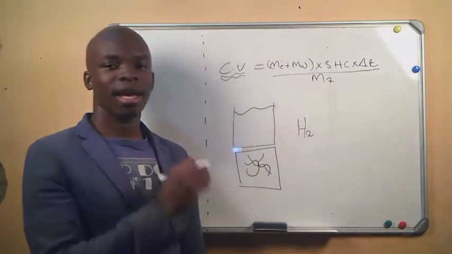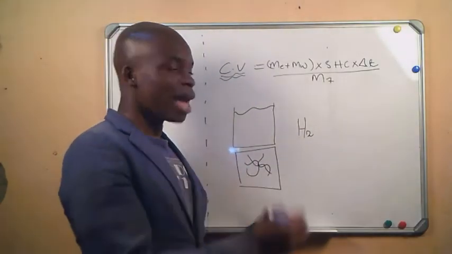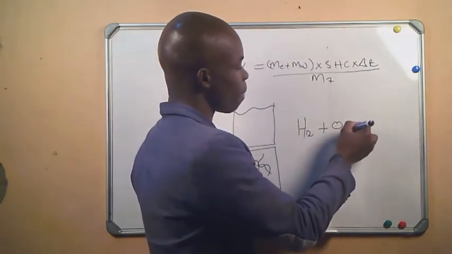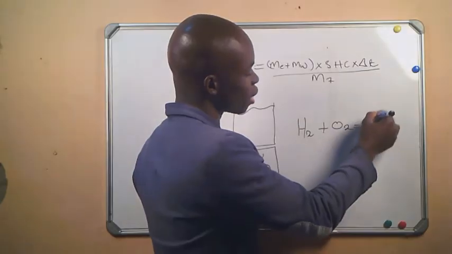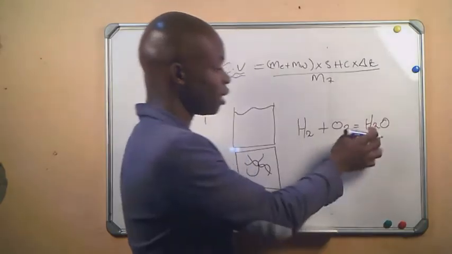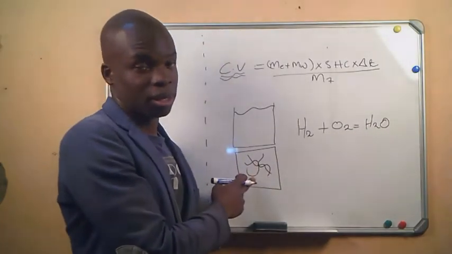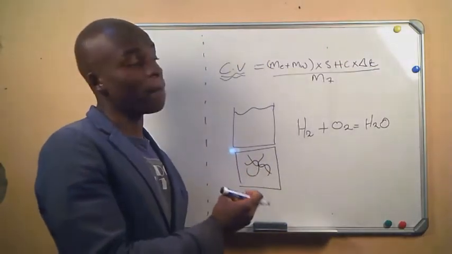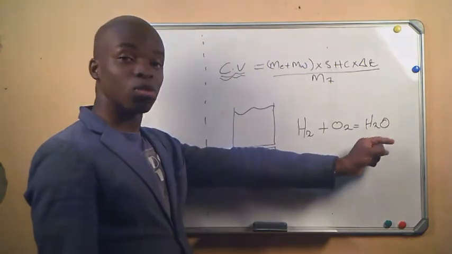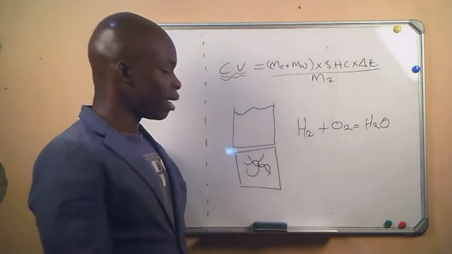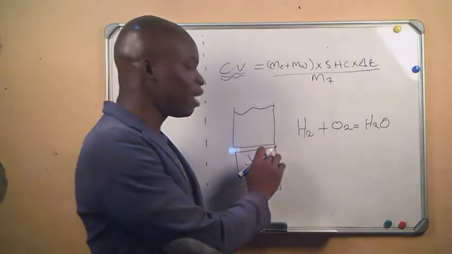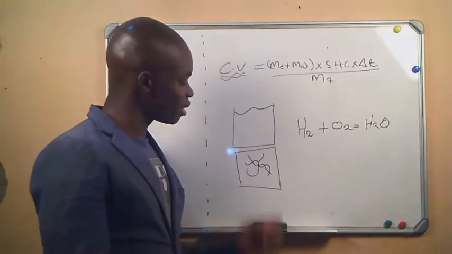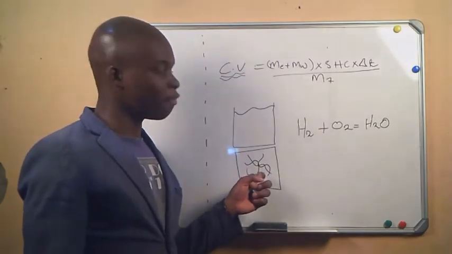Every time hydrogen undergoes combustion, it forms a product which is water, and this water is in the combustion chamber. So some of the energy produced by the fuel we are burning will be used to convert this water into steam, and then the steam will leave the combustion chamber with some of the energy being produced by the fuel.